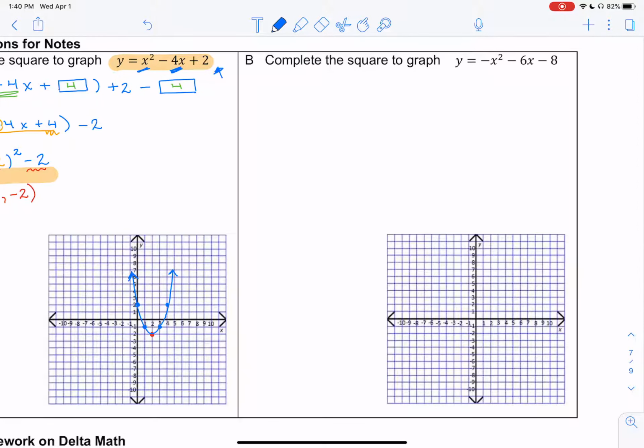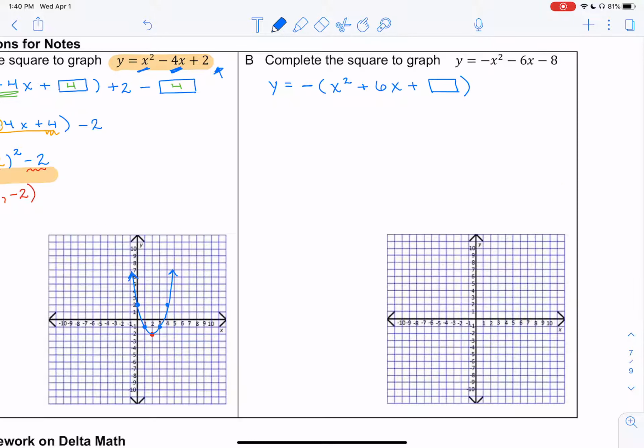We're going to start the same way we did on question A, where we have some magic boxes filling in, but I'm going to have to pull a negative out front because completing the square requires x squared to be all alone. So if I pull the negative out front, I'm ending up with a plus 6x and a plus box.